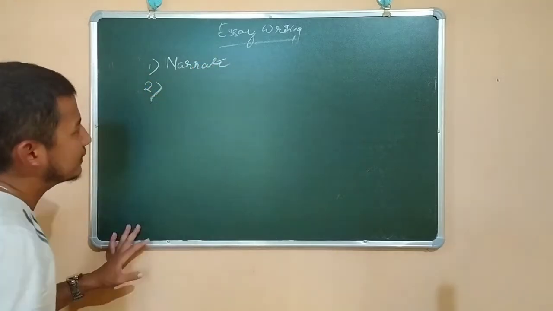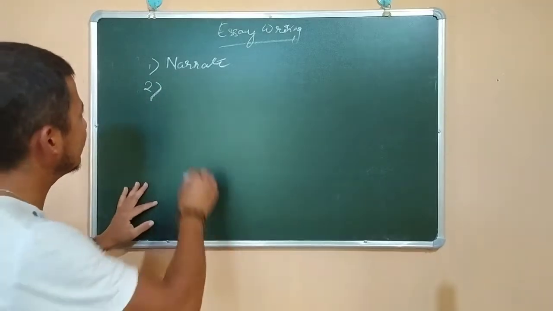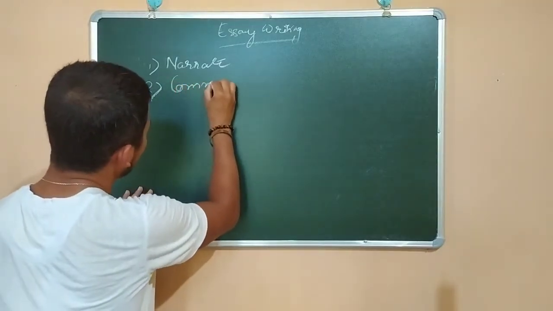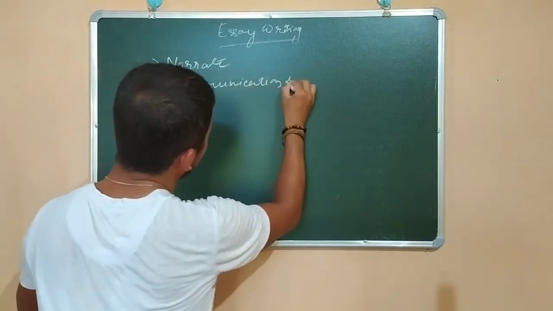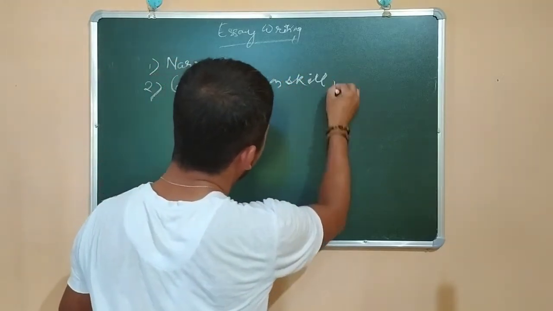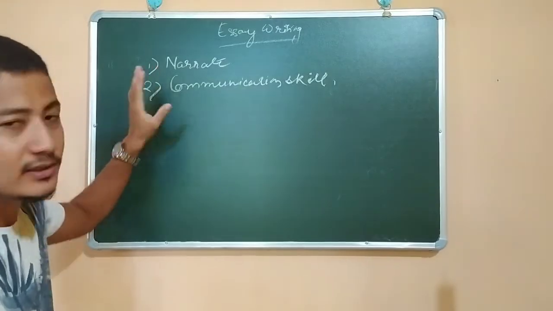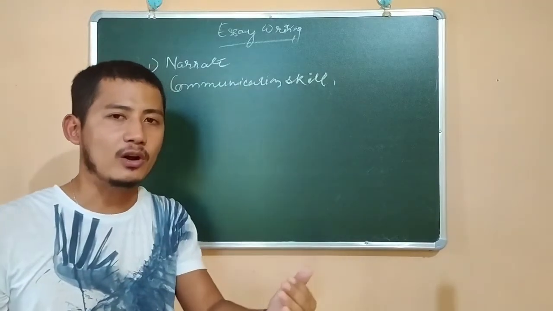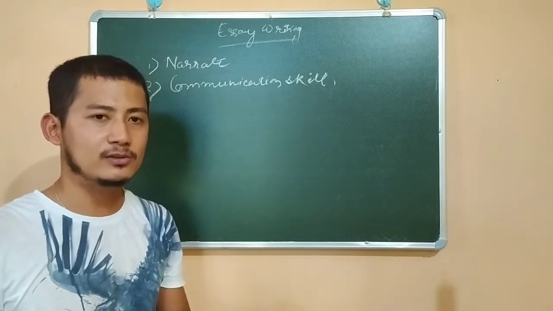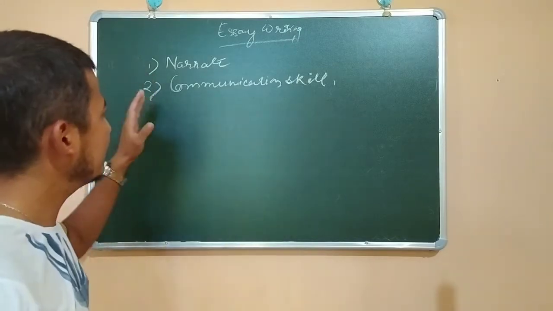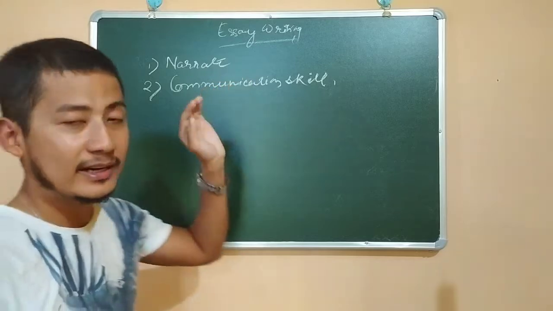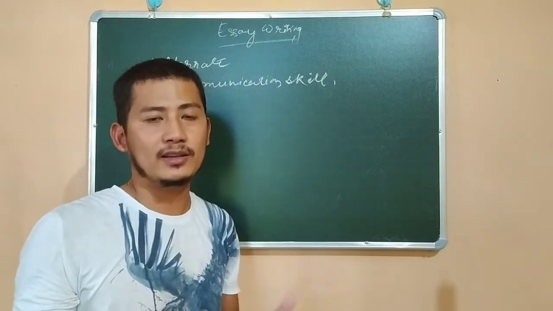Number two is that the examiner is checking your communication skill. So what is communication skill? Communication skill is not confined to how we talk. It's not about verbal communication only. It also extends to writing ability. So basically the communication skill here means your writing ability, how you write the thing.